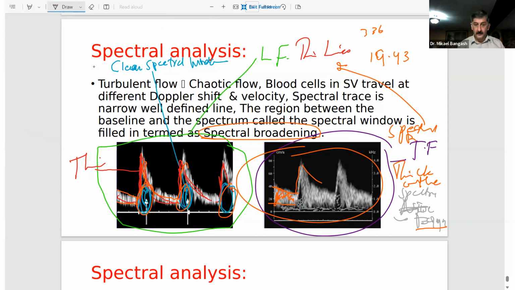So this will be spectral broadening, where your windows are unclear, because of a lot of small reflections in the spectral window.